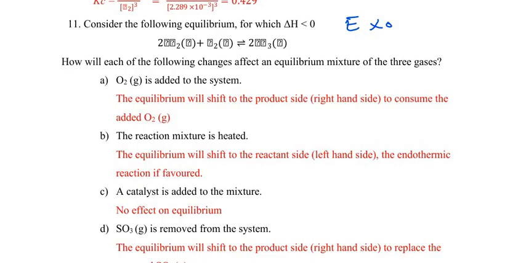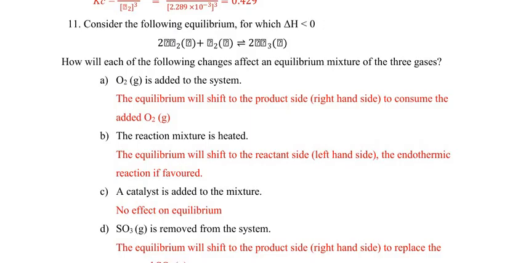How will each of the following changes affect an equilibrium mixture of the three gases if oxygen is added to the system? So let's take this to be oxygen, because I completely don't know what was here. I think it's my laptop that's showing this, it's actually how the document was opened.